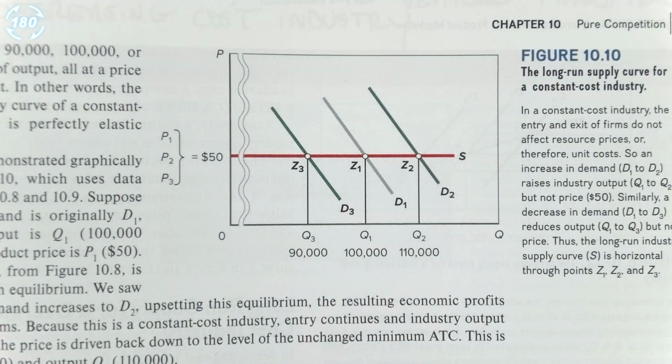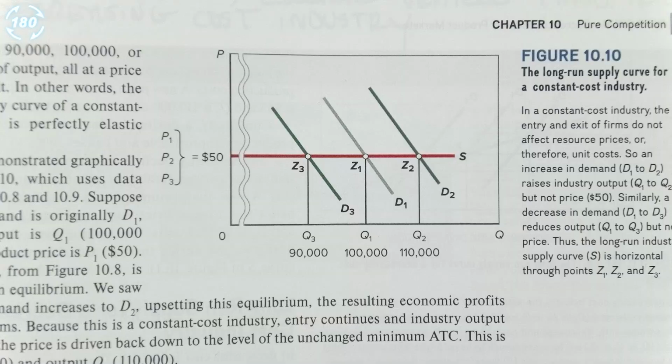It all has to do with how the resource market is responding to changes in the product market. So the resources that are used in producing the product, are they becoming more expensive or not? So I think we used lithium, the price of lithium. You drive that up significantly as you produce more cars that use lithium batteries, and you're looking at the market for electric cars. That could be an increasing cost industry.